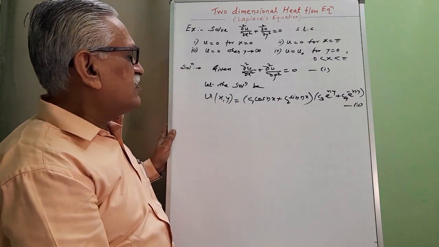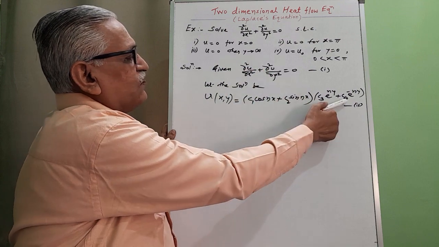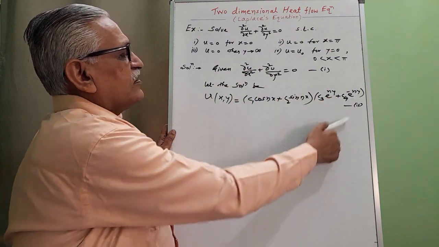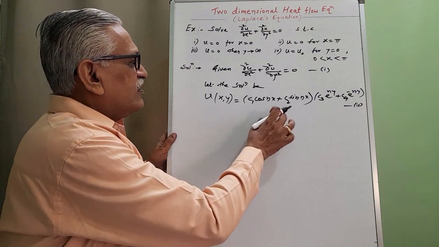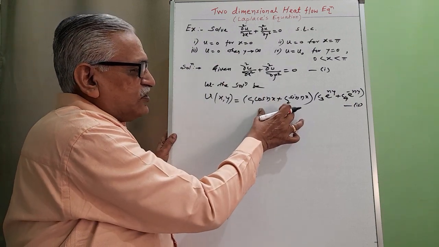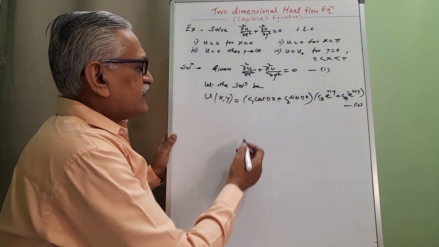Equation 2. Therefore, when y tends to infinity, u tends to 0. This condition will be satisfied by this solution. Therefore, we consider that as the possible solution.